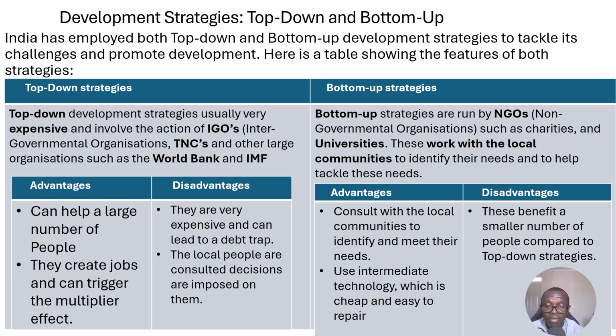So what are the advantages then? The good thing about bottom-up strategies is that they work in consultation with local people. So they actually identify what the local people need and then work together with those local people to meet their needs. And then a second advantage is that they use intermediate technology, which is cheap and easy to repair.